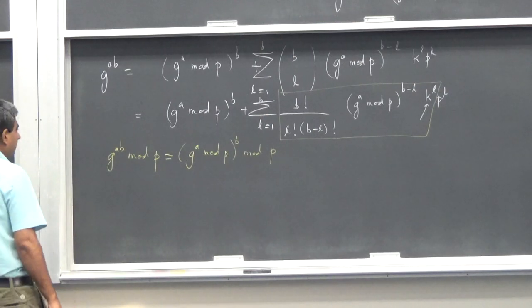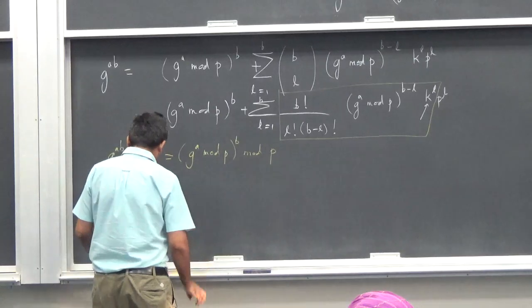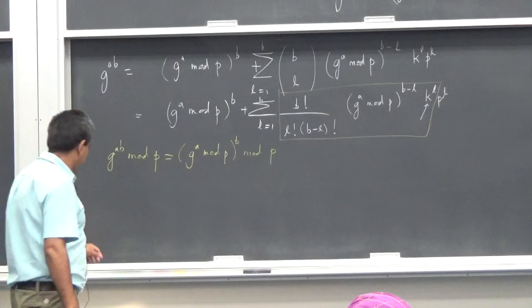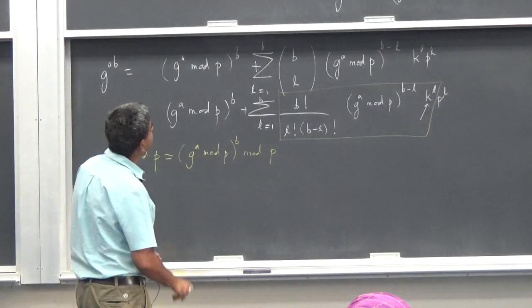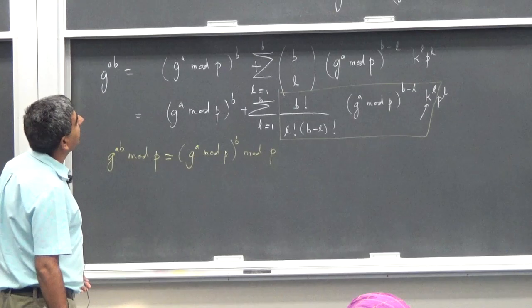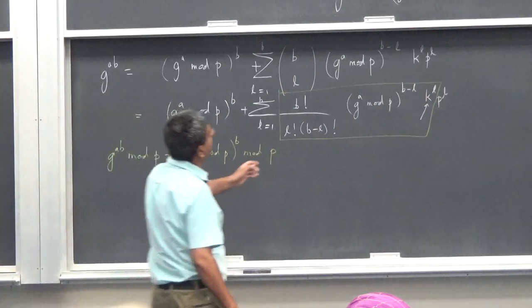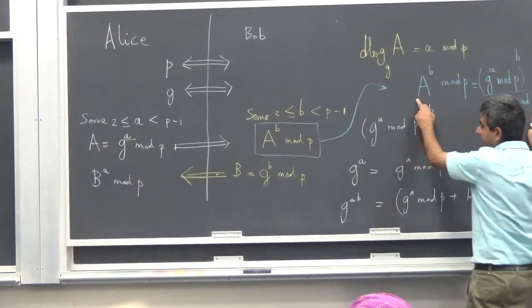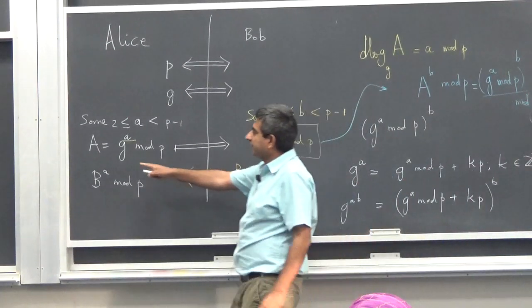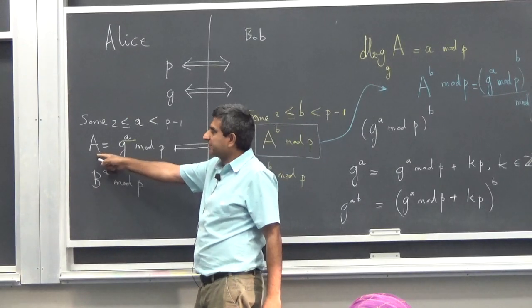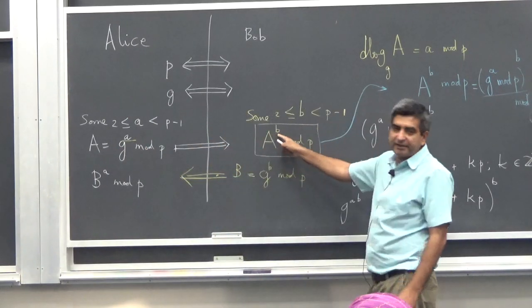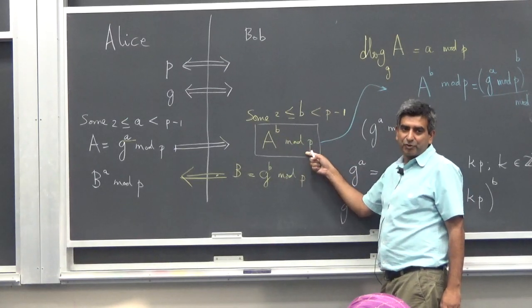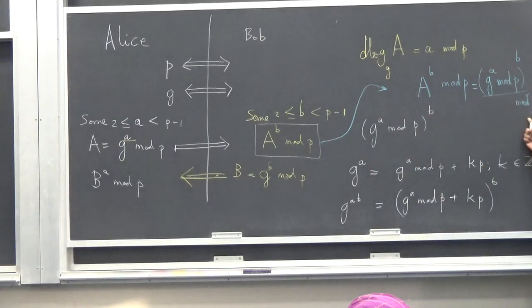So this means that both sides, so what Bob has done is, this is simply what is in Bob's possession. So Bob has taken this number capital A and exponentiated it with respect to B and found out the answer and written it in modulo P. This is this term over here.